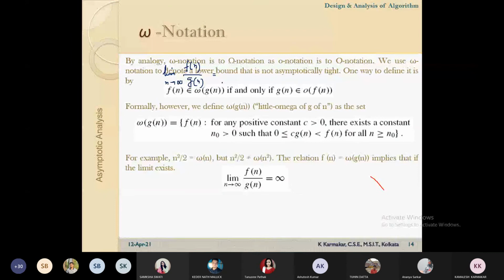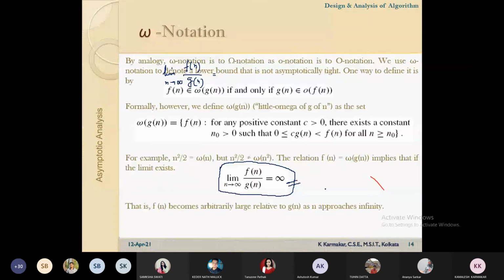If this is satisfied, then we represent this function and its complexity as small omega of g(n). If we take any example, it will be calculated in the similar way.